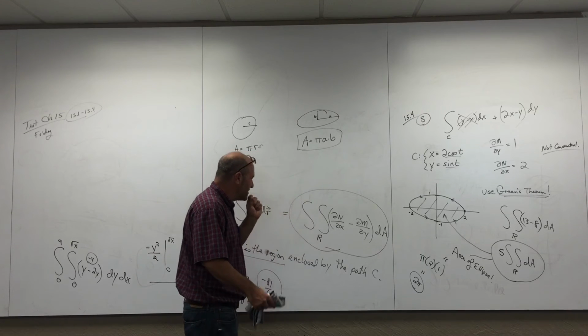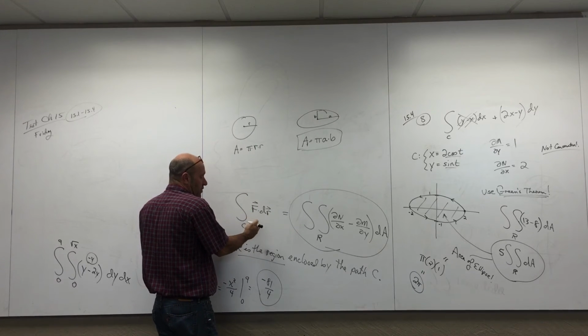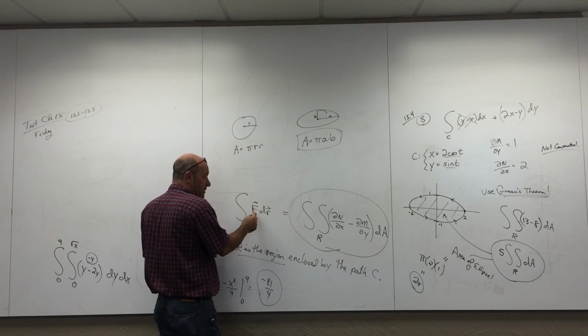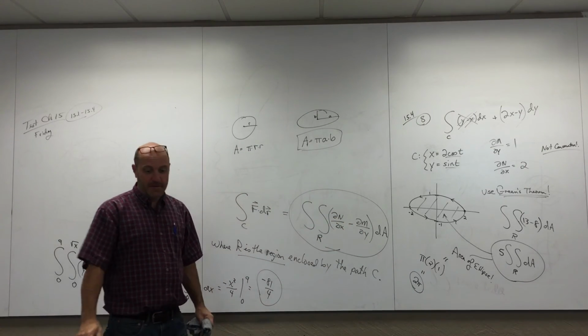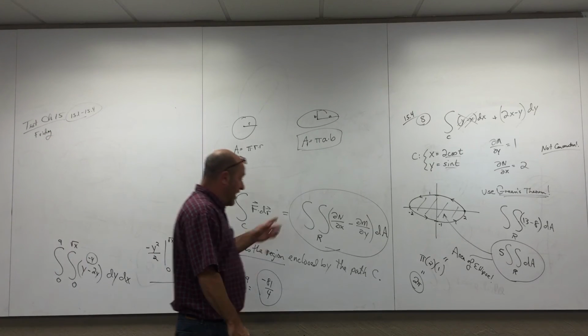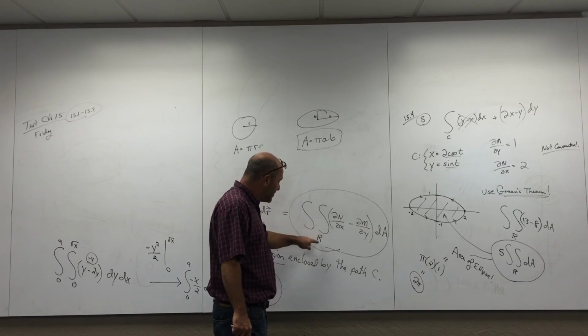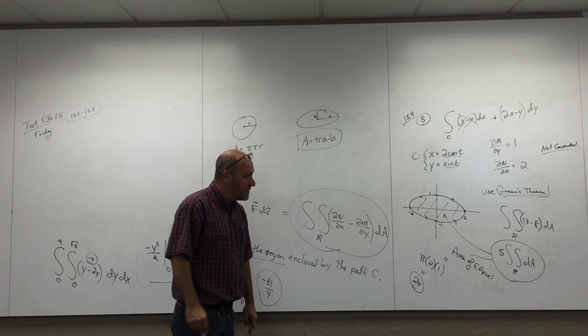Just say that this work integral on this force field can be done with a double integral, a specific double integral, integrating the area of the region enclosed by the path. It is a trip how it works.